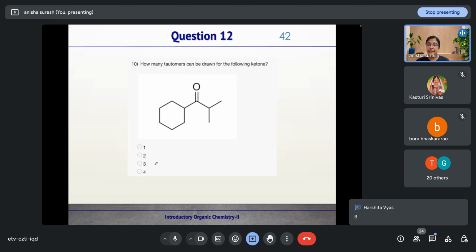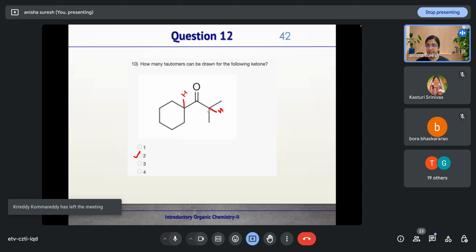Option B, 2, is the right answer, because as you can see, only two alpha hydrogens are present.